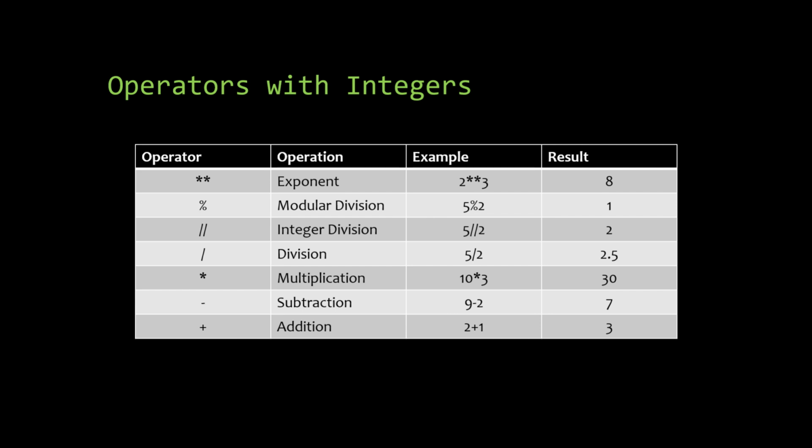Regular division or float division, I take two integers, 5 and 2, and I divide them, and then I get a float. When I multiply, that standard 10 times 3 is 30, as we expect. And subtraction and addition, those both work the same way that we would expect as well.